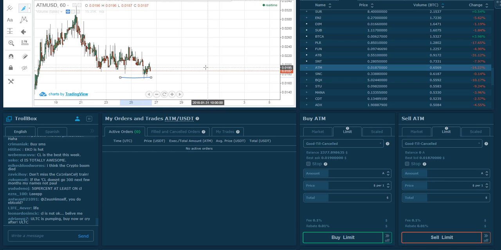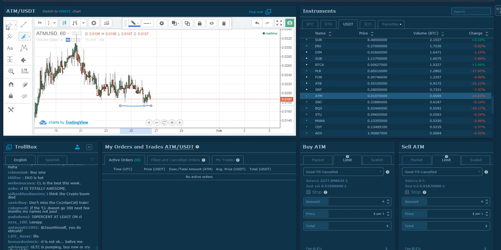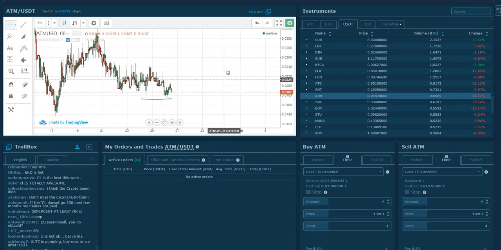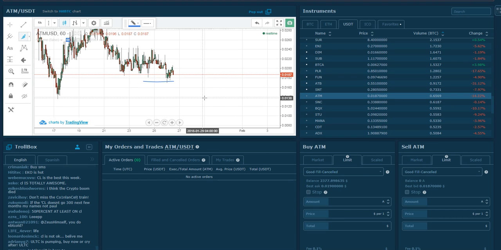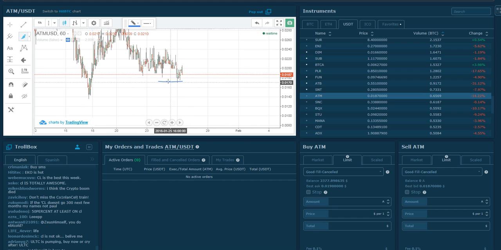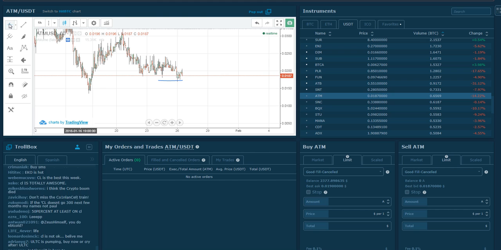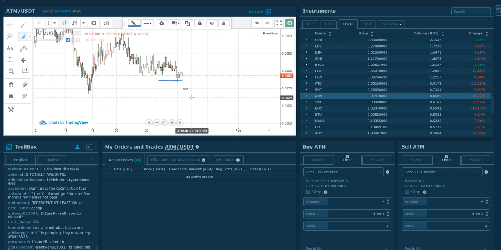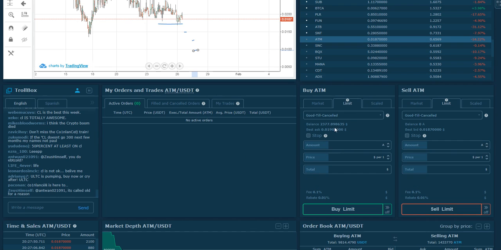So this coin here, so we should be able to get, I want the 15s. So let's see, 15s. So 15s, 12 5s and 10s.